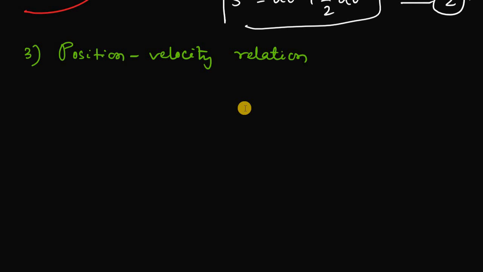Now in the position velocity relation, we have T2 minus T1 equals V2 minus V1 by A. This was the first equation we derived, isn't it?